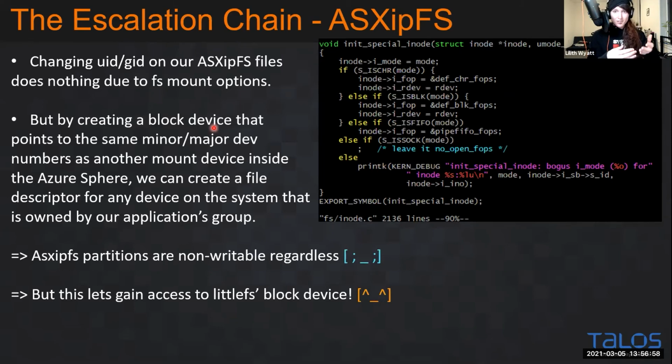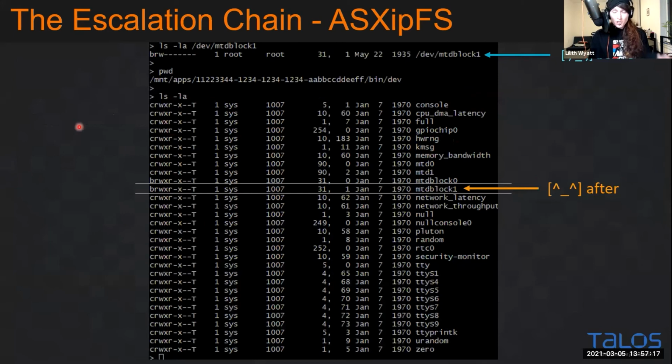So like /dev/mtdblock0 or something like that, because we essentially have a soft link that we can arbitrarily point to devices, and we have permissions to actually read these devices. And so we use this to actually access the littlefs partition. By default, you only have one folder in that partition, but by using this ASXipFS bug, we could in fact access the MTD block device, the block device driver for mtdblock0.